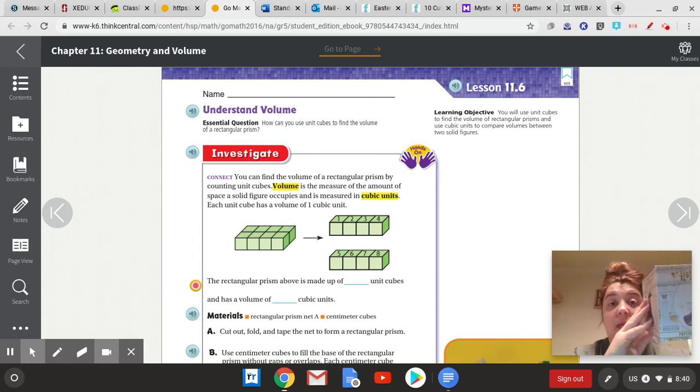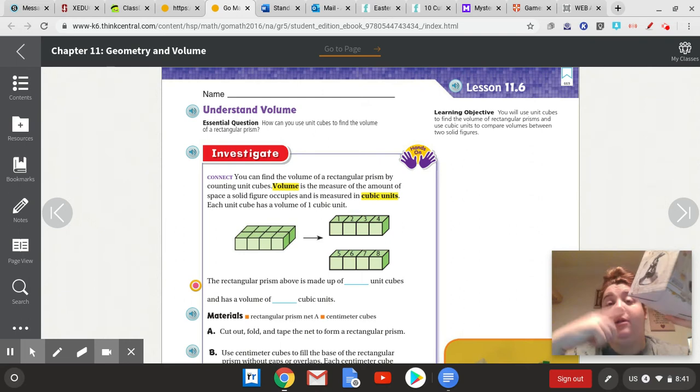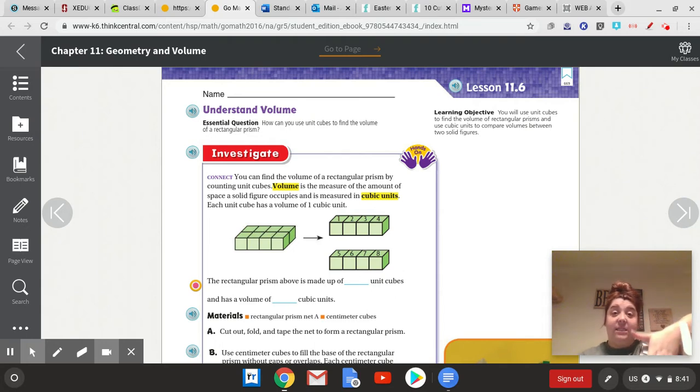That tells me what this box is in volume by inches. If I did centimeter cubes, I would be trying to solve the volume by centimeter. So it's how many of those could I fit inside the box.